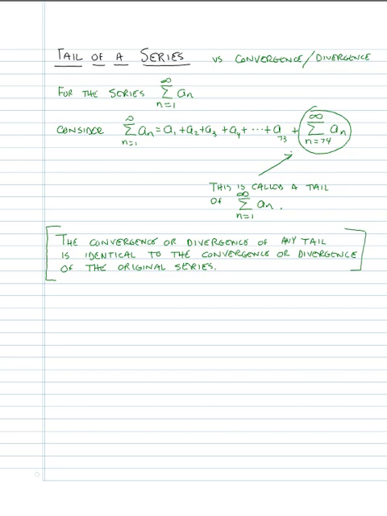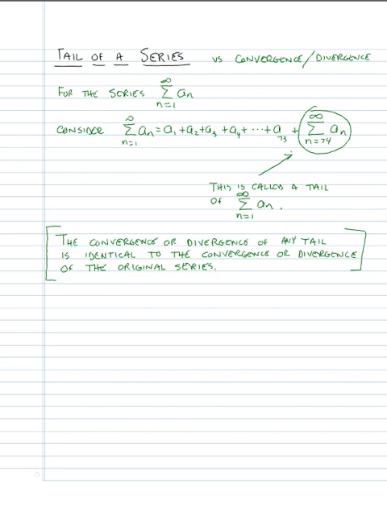So the convergence or divergence of any tail of a series is identical to the convergence or divergence of the original series. Now, what I'm referring to here is whether a tail or series converges will be identical. Whether the tail or a series diverges will be identical. So they either both converge or both diverge.